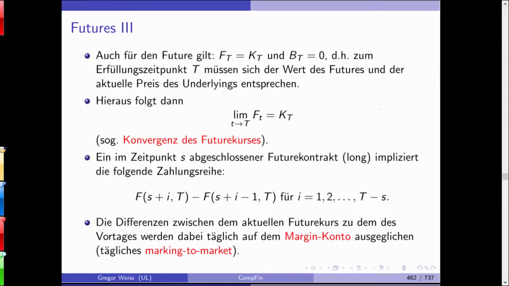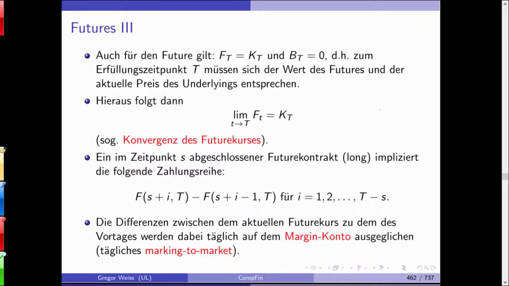Meaning, instead of simply piling up profits and losses, like in the forward contract, and afterwards seeing, oh, I've made a huge profit or I've lost 100,000 euros, the exchange will simply look at those daily profits and losses, and they will take those daily changes and adjust your account with the exchange.